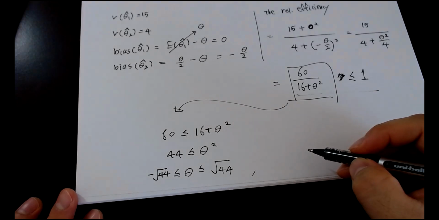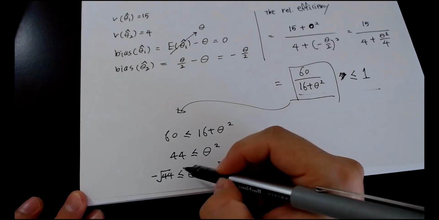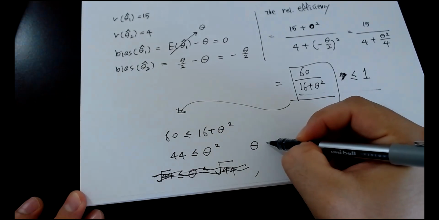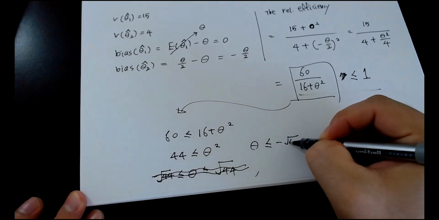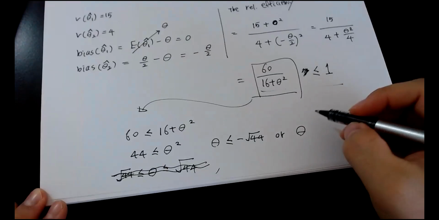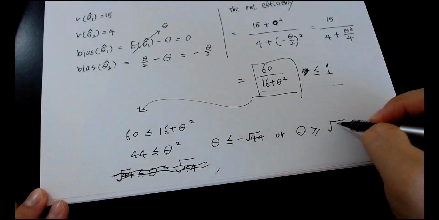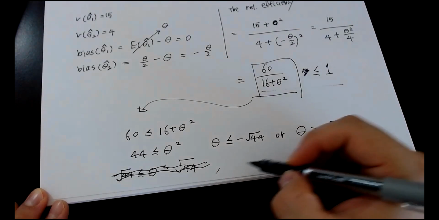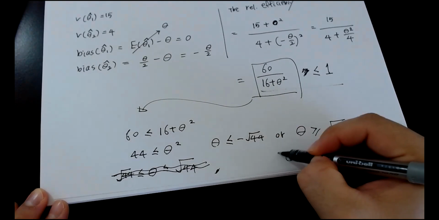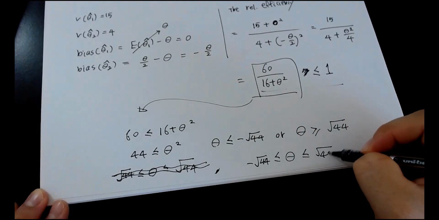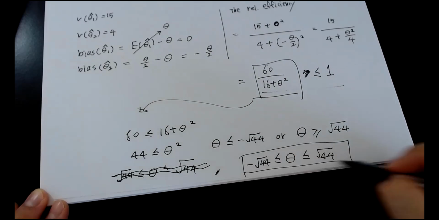let's see, give me a second. Yeah, this is wrong, right? Sorry. If you solve this, theta is less than or equal to negative square root of 44, or theta is greater than or equal to square root of 44. I'm sorry. Okay, so the opposite of this is what? Negative square root of 44 and then square root of 44. Okay, so that's the answer.